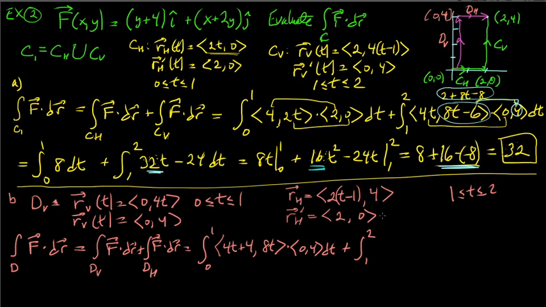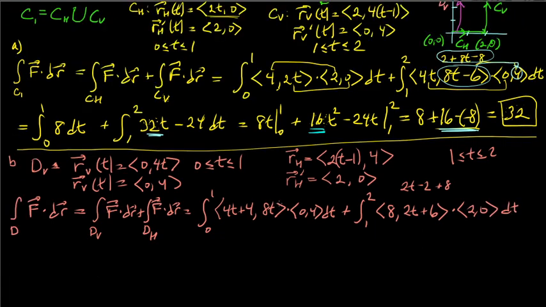So y plus 4 is 4 plus 4, which is 8. And then x plus 2y is going to be 2t minus 2 plus 2 times 4, which is 8. So 2t plus 6. And take the dot product with rh prime, which is 2, 0, with respect to t.